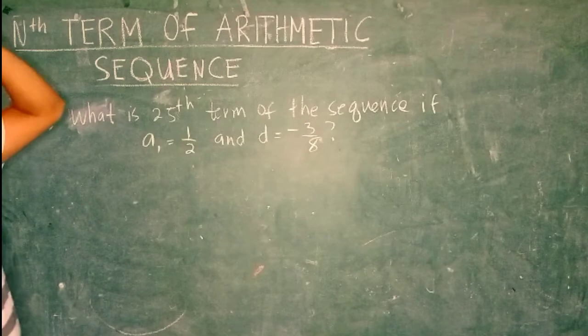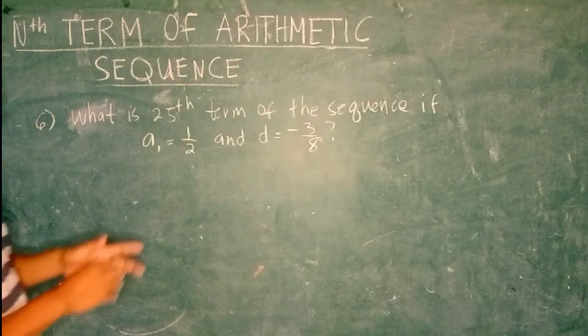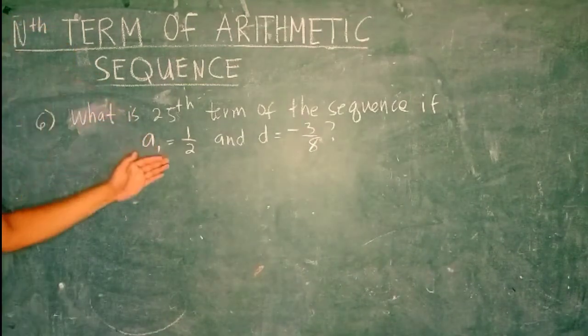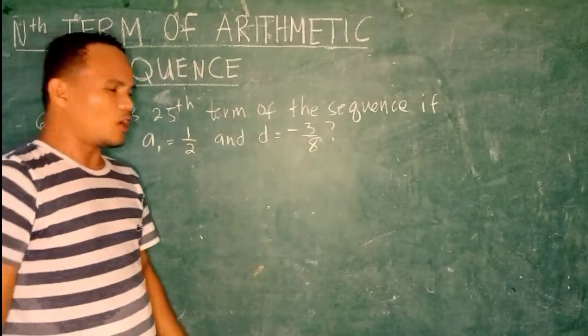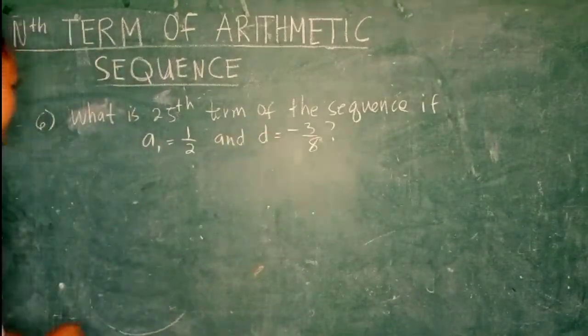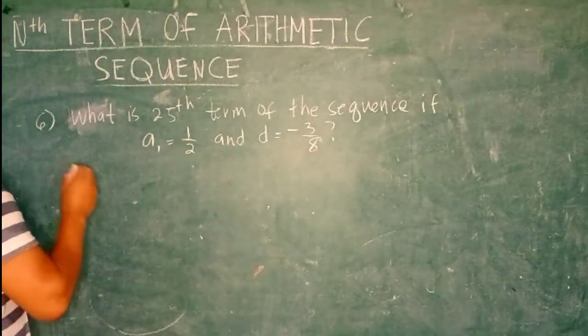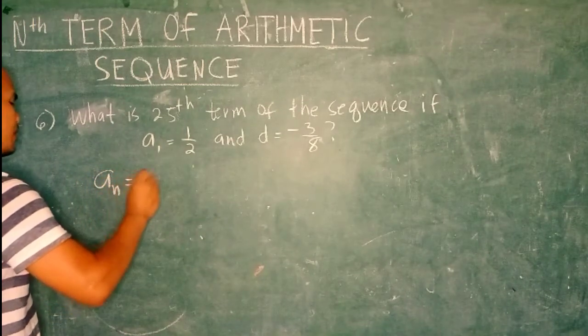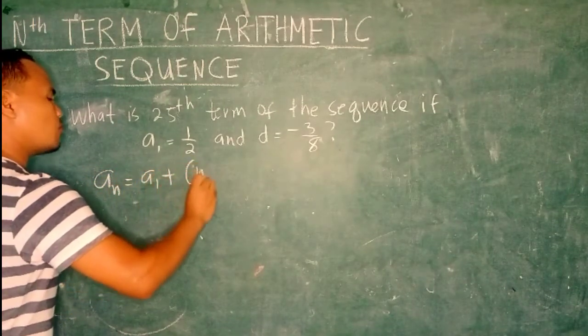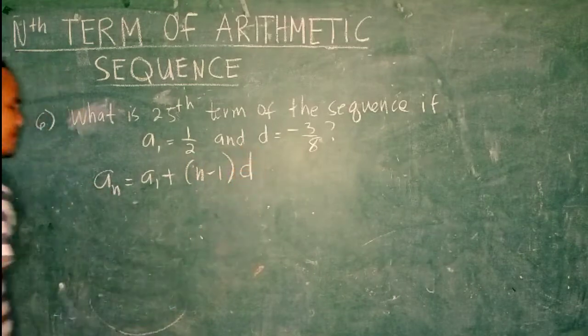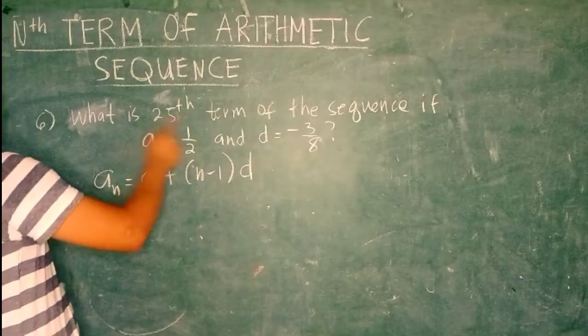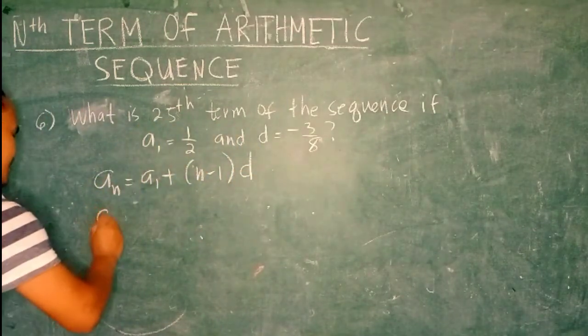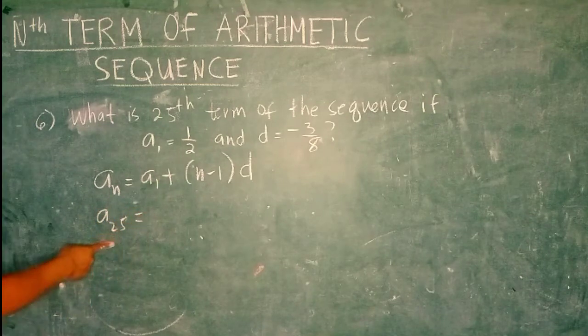Okay, example number 6. What is the 25th term of the sequence if the first term is 1/2 and the common difference is negative 3 over 8? So let's use the nth term formula, A sub n equals A sub 1 plus the quantity n minus 1 times d. Since we are asked for the 25th term, we have A sub 25.